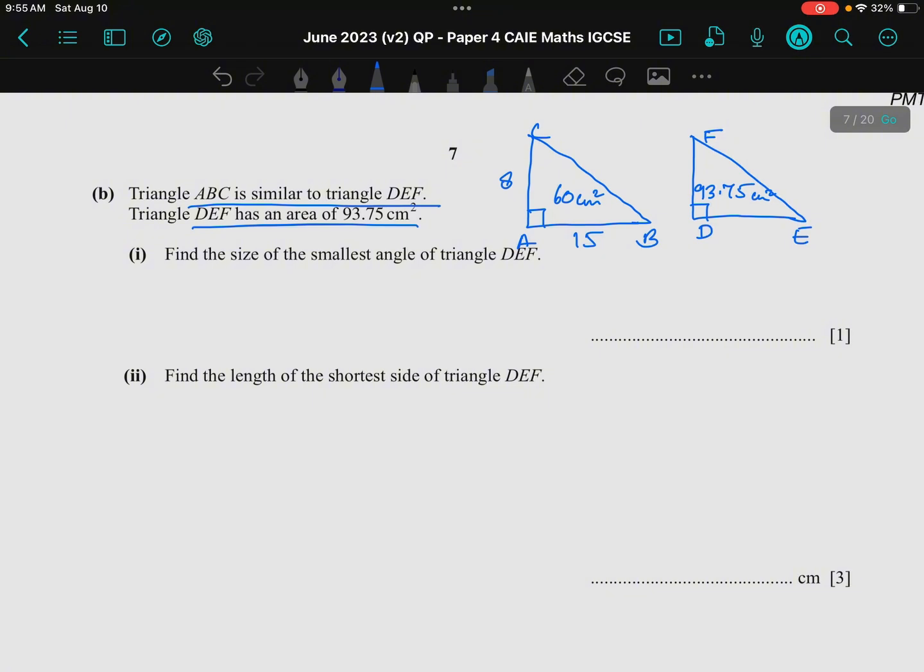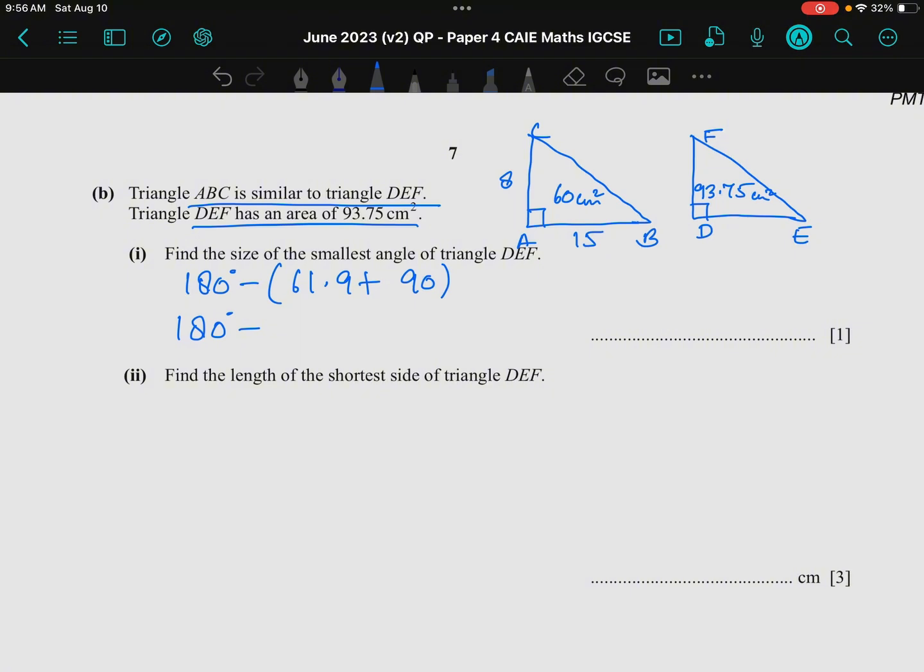Since these two triangles are similar, the angles will also be the same. So the smallest angle of triangle DEF is equal to 180 minus 61.9 plus the other angle 90 degrees.